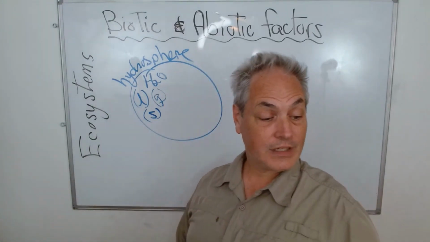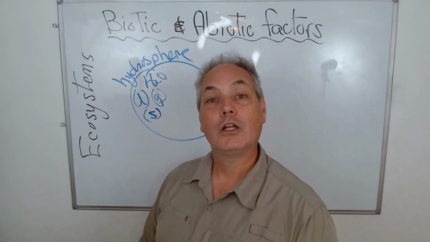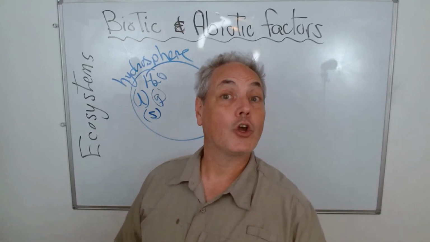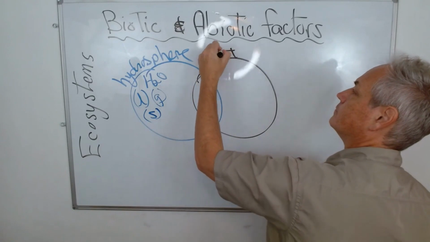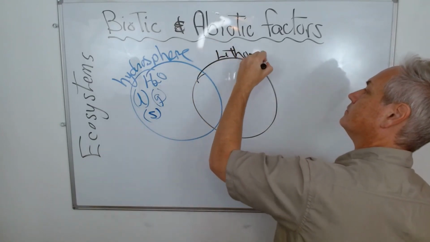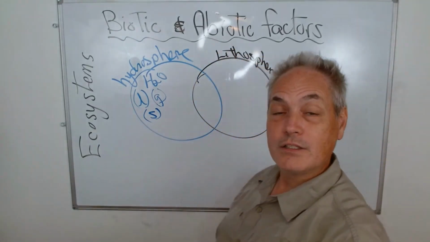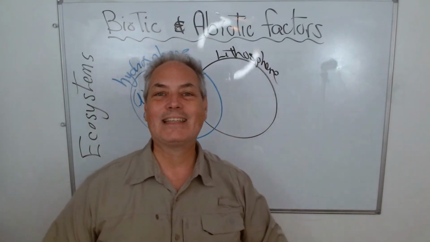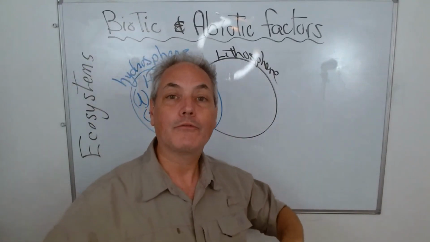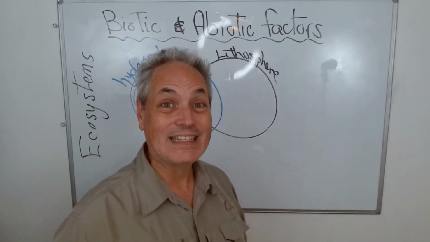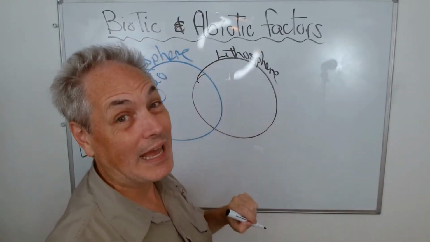Now, the other sphere that we have is called the lithosphere, as I mentioned earlier. The lithosphere is everything that is at the ground for all that exists on the planet. So basically we have the rocks.